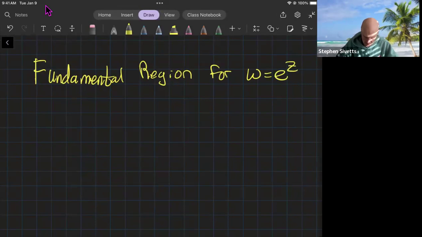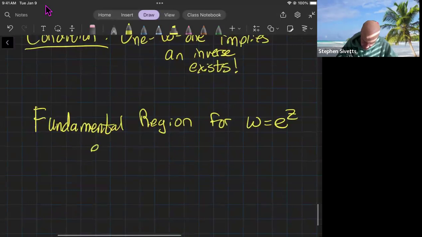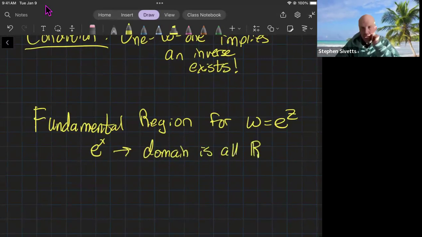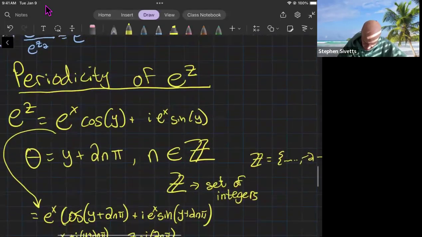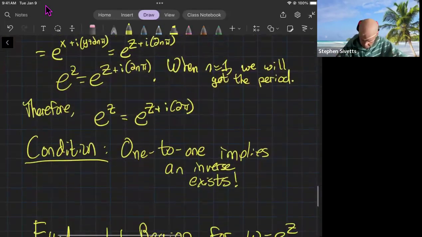Okay, and so the fundamental region would be this. So if you notice, e to the x, this is never 0, right? So the domain in terms of the real numbers is all real numbers, right? So if you look up here, e to the x is one-to-one on the real numbers.